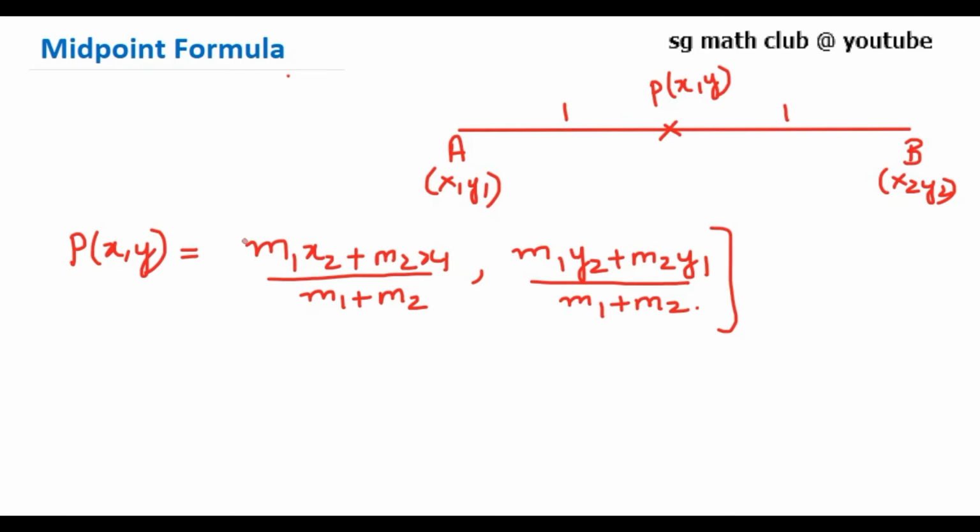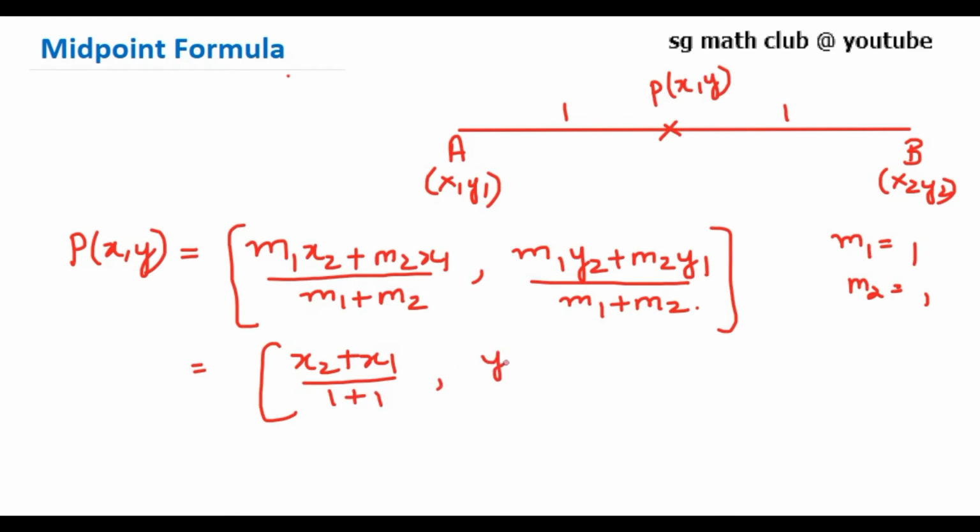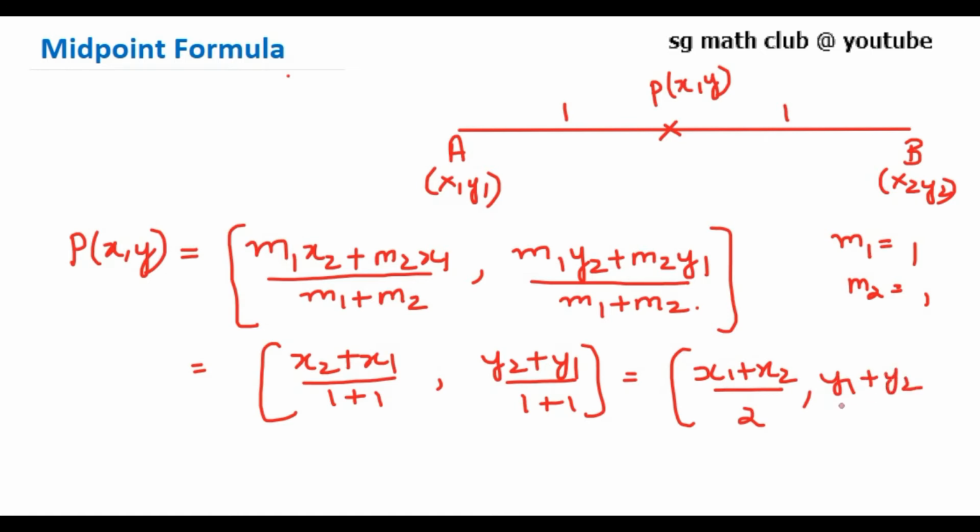So this will give coordinates of P. Here in the place of m1 and m2 I have 1. Now I substitute that. So it is (x2 plus x1) divided by (1 plus 1), the same way (y2 plus y1) divided by (1 plus 1), which is equal to (x1 plus x2) by 2 and (y1 plus y2) by 2.